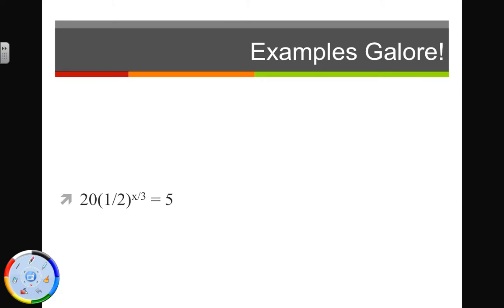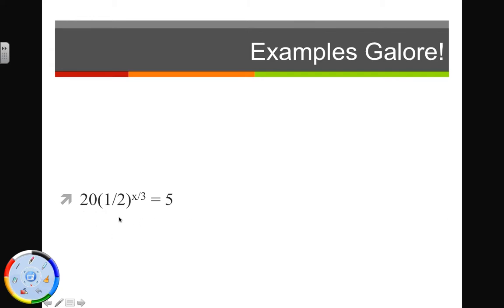So let's start with this particular example. I have 20 times 1/2 to the x over 3 equals 5. What I need to do, for solving equations, is figure out what that little x is. So I need to get at that x. Well, the first thing, this is an exponential equation, by the way. And this exponential equation has an exponent base 1/2 times an initial value of 20.